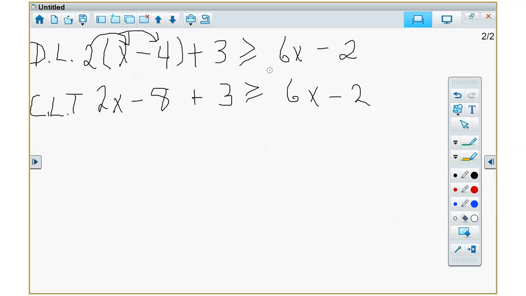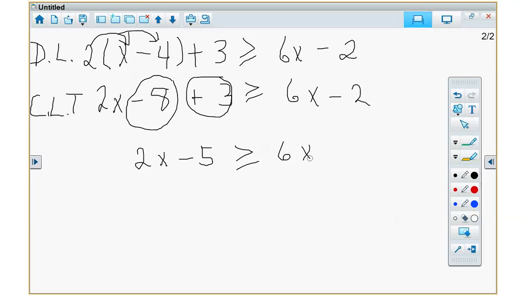So the only like terms that we can combine are -8 and +3. You owe $8, you have $3. What's the outcome? You still owe 5. Greater than or equal to 6x minus 2.